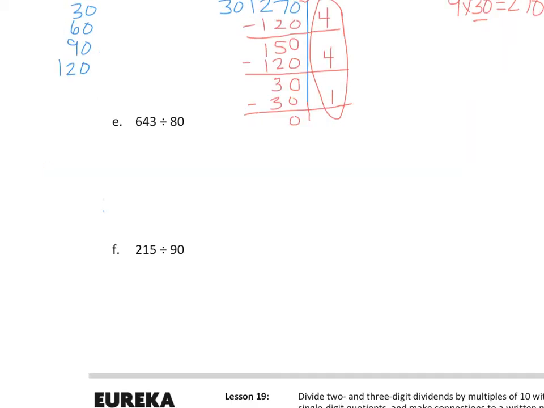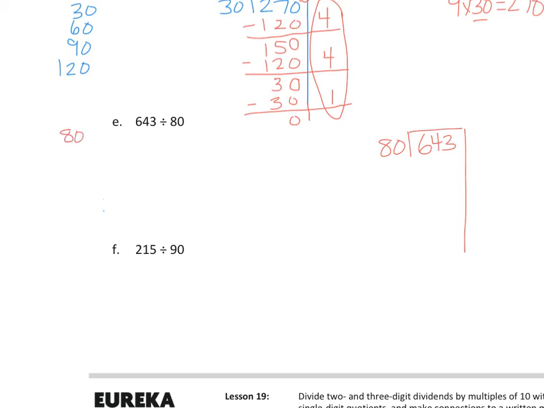All right, let's move down to E. Let's go ahead and I'll write it over here so I have some room. 643 is going to be divided by 80. And I'm going to draw my line going down. And I'm going to count by 80s. You just think of them as 8s but add a 0.